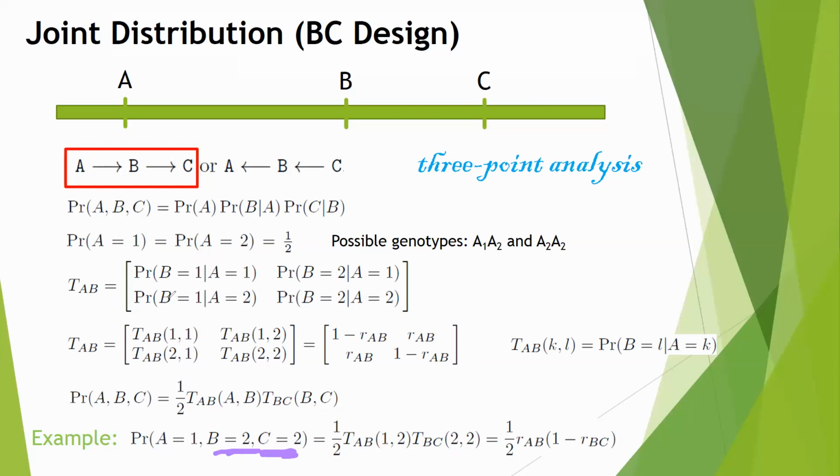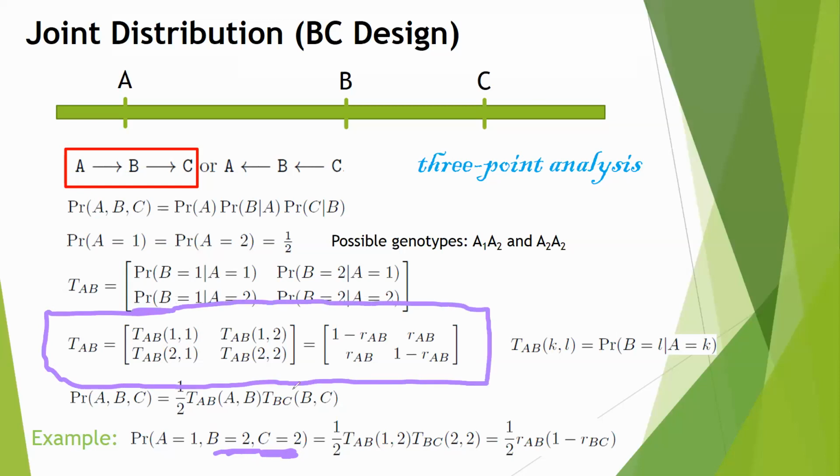This is the transition matrix between B and C, so from this matrix we need to look at this element, which means the probability of C being equal to 2 given B also equals 2. So that's something like this, but you need to replace this RAB by RBC.